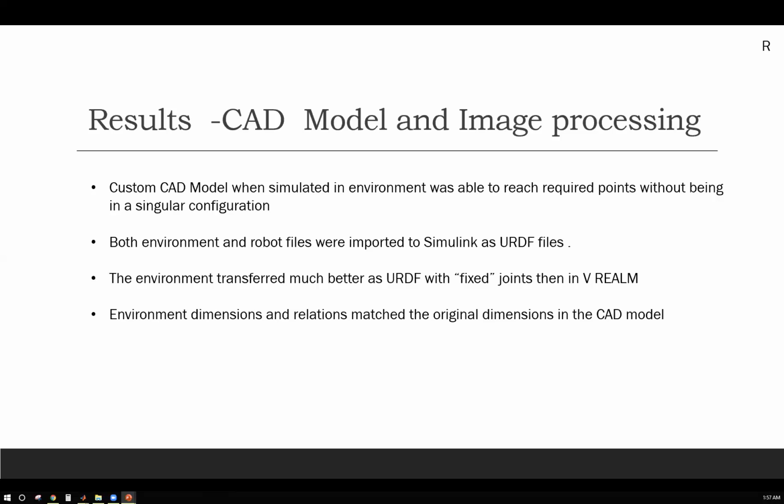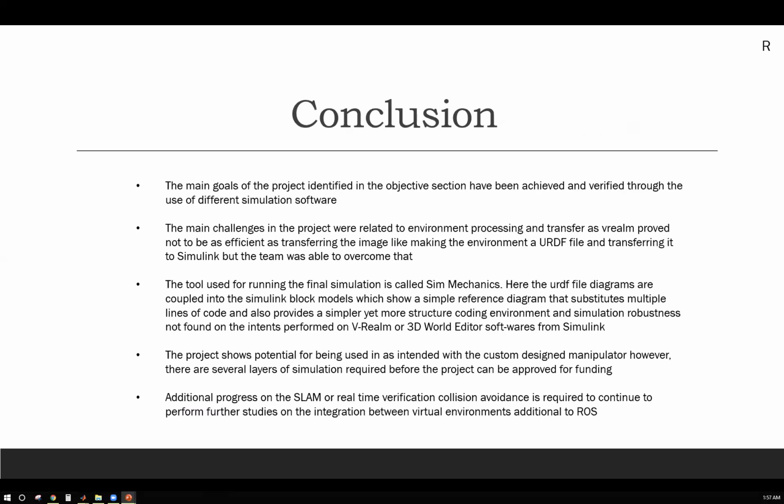With that, we go to the next slide, and that is our final concluding slide. The main goals of the project that we identified in the objective section have been achieved and verified through the use of different simulation software.